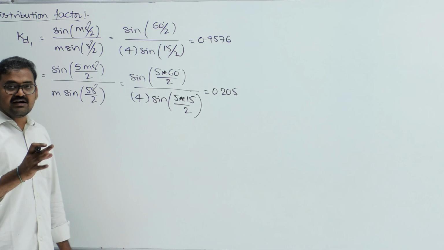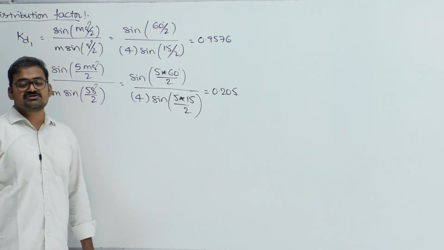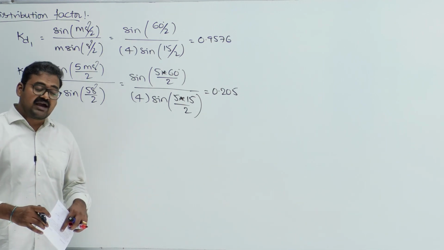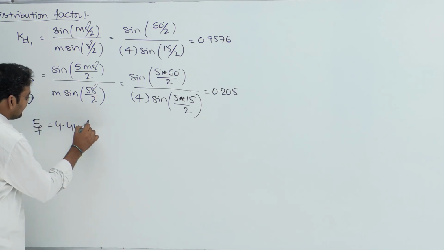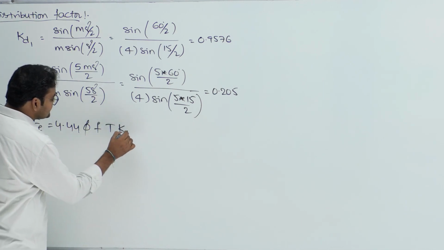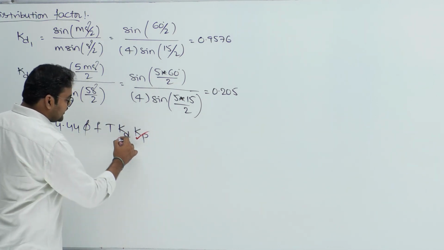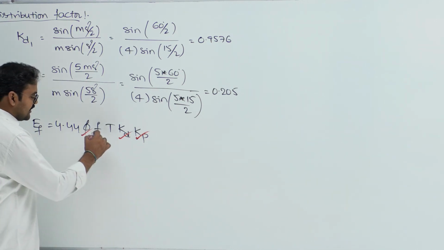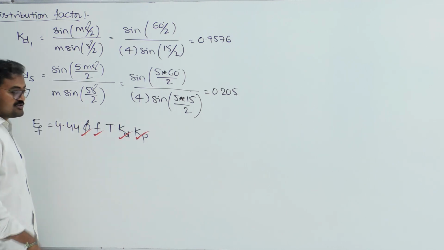When you know the pitch factor and distribution factor for both harmonics, now you can calculate the induced EMF for each harmonic. But to calculate induced EMF, what data do we need? 4.44 5 F number of turns KD KP. Okay. KP value we calculated, KD value completed, flux per pole also we calculated, frequency is known, 50 Hz, from the speed and poles.